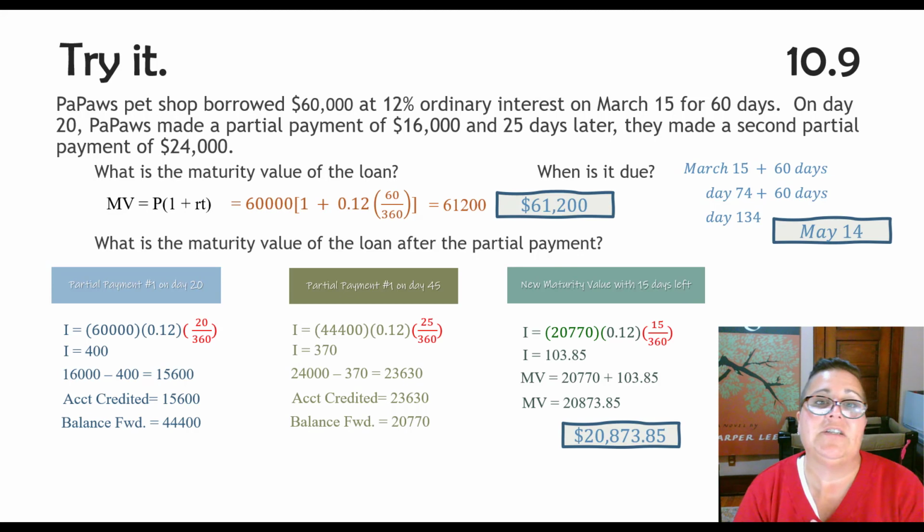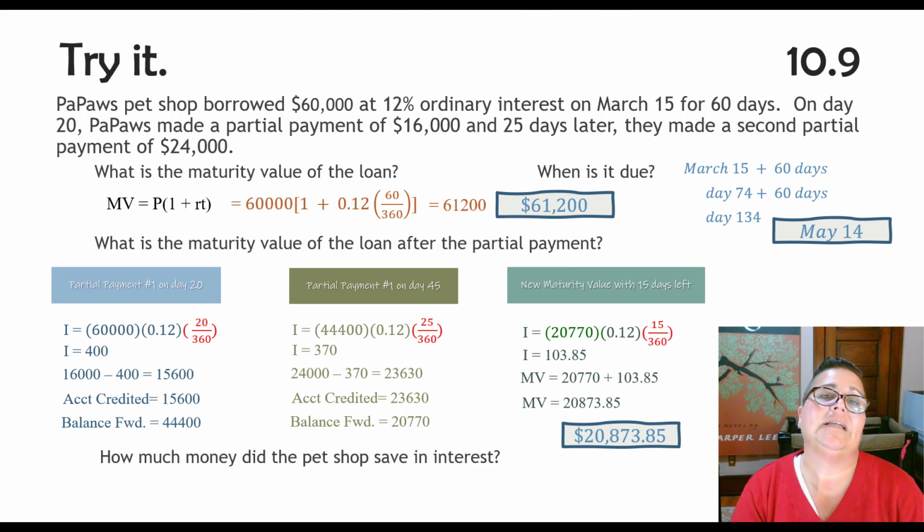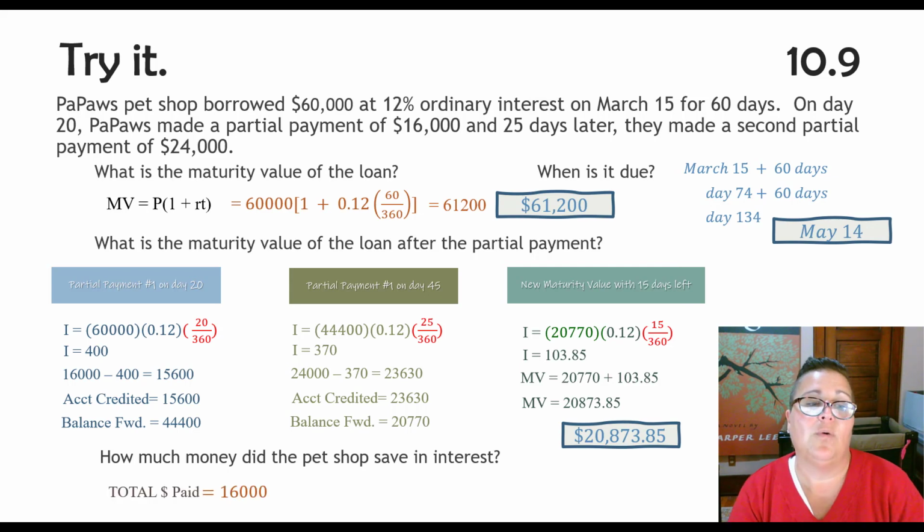The one question that I have asked several times and will ask again is how much money did the pet shop save in interest? We know that the pet shop paid $16,000 the first time through, and $24,000 the second early payment, and then a final payment of $20,873.85.